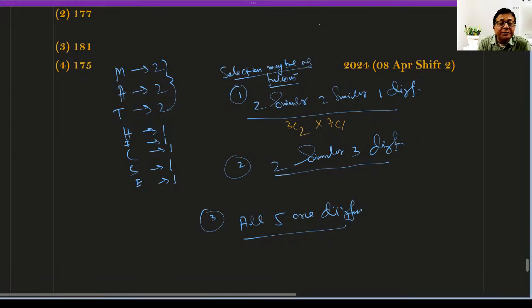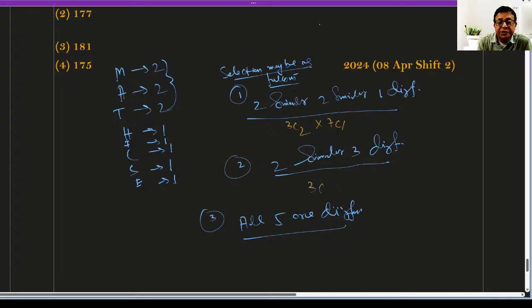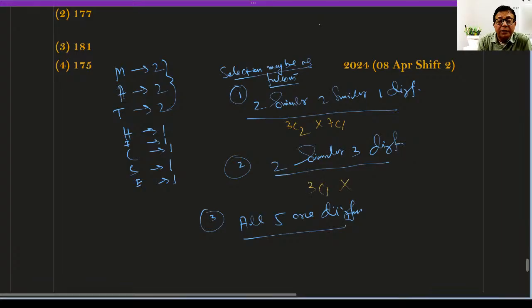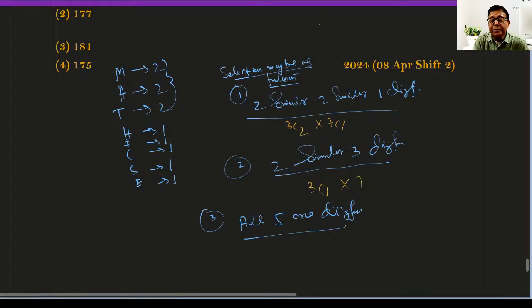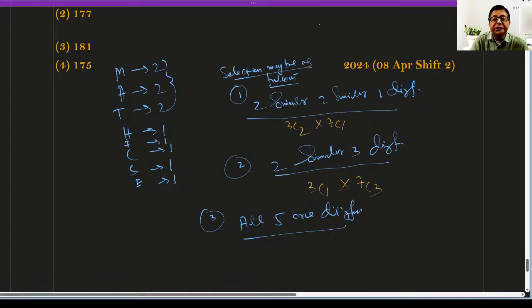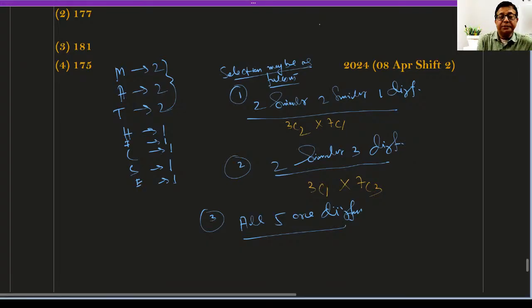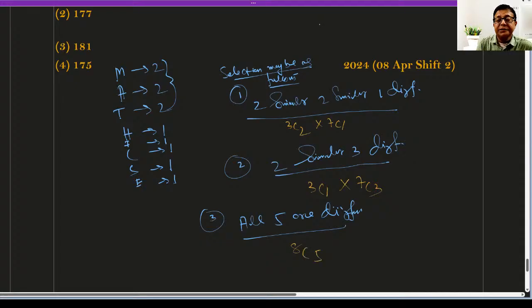Two similar, two different: 3C1 times 7C3. Isn't it? All 5 are different: 8C5.